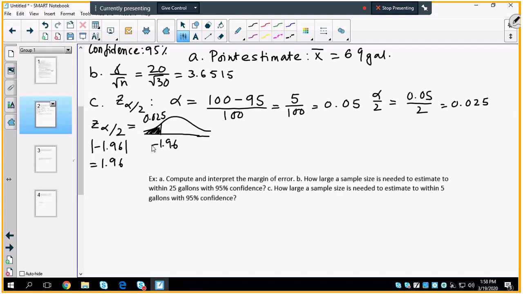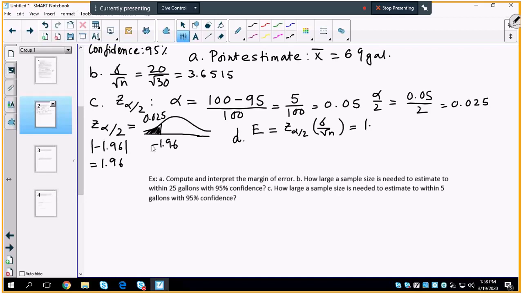How to easily do so? First, your fourth question: find and interpret the confidence interval. Find the margin of error. The margin of error is equal to z alpha over 2 times sigma over square root of n. And see, I found both of these values.